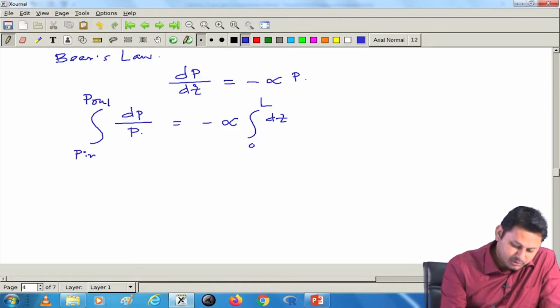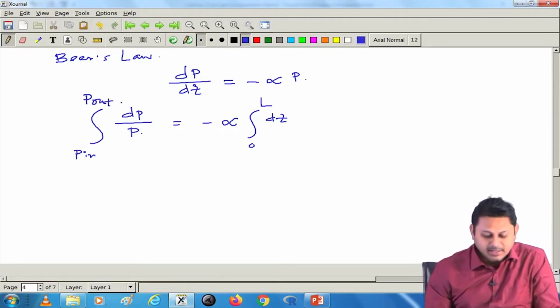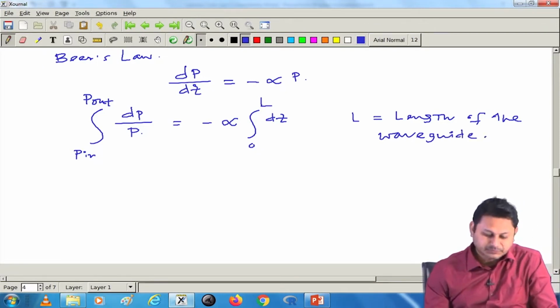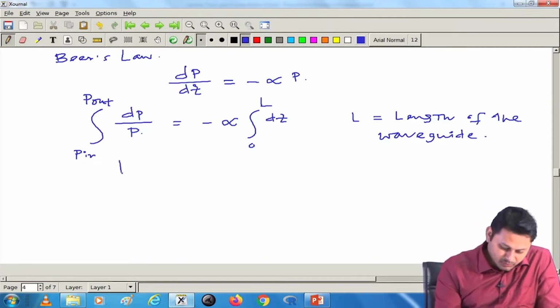So I have the input and output power, and L is the length of the waveguide, in this case fiber. So ln of P, by putting the boundary values P in and P out, will be equal to minus alpha L.